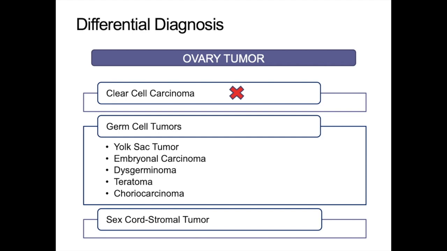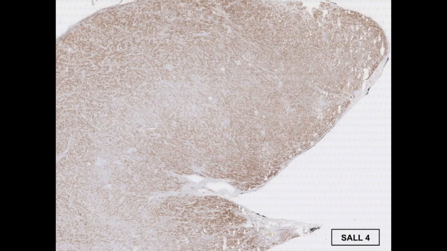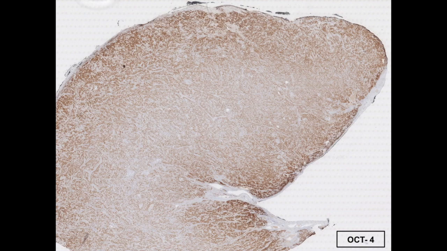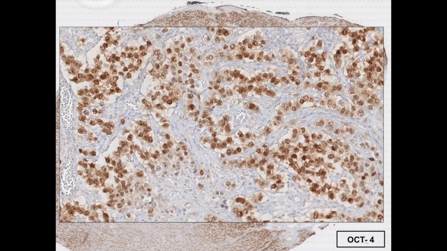Now we continue with the stains, and SALL4, which in this case is positive, is a stain with high sensitivity for germ cell tumors and opens that possibility. OCT4, which in this case is nuclear, is positive, and opens the possibility between dysgerminoma and embryonal carcinoma and rules out yolk sac tumor and choriocarcinoma.